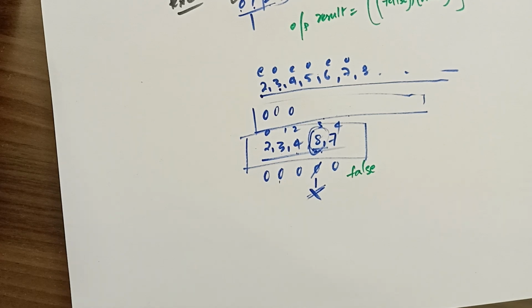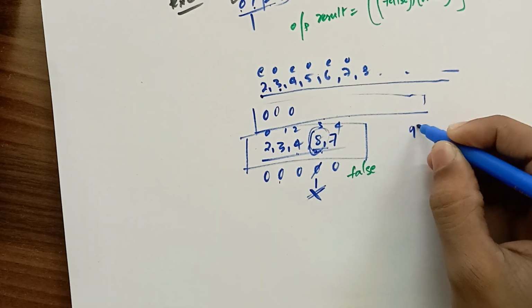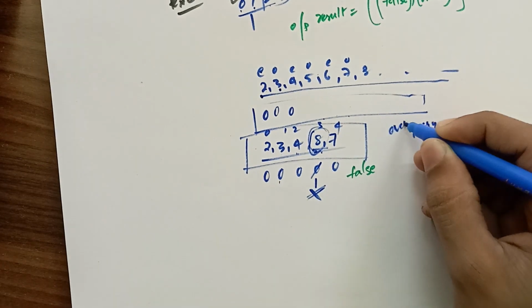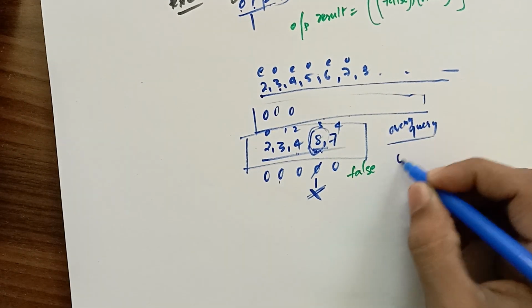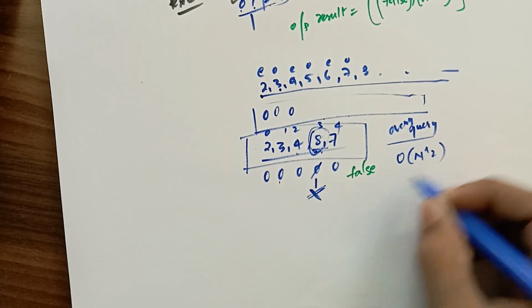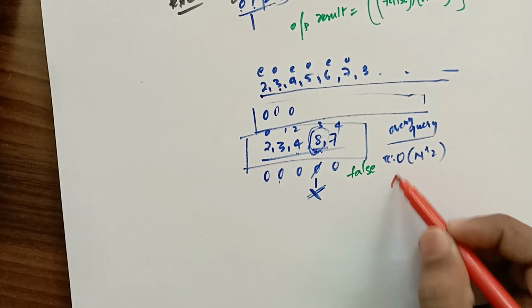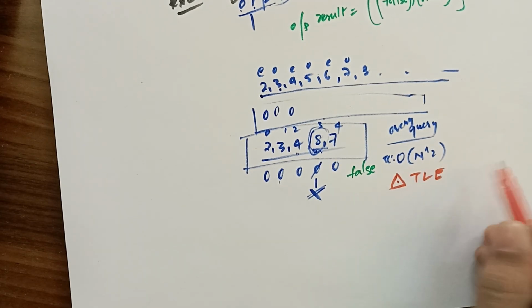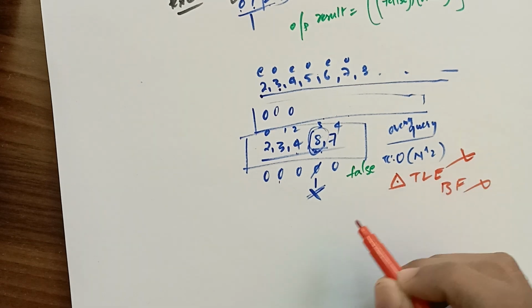So let me start with the brute force approach. If you start and check for every query, it will take O(n squared) time complexity, so it will give a time limit error. So the brute force approach is not a great approach.